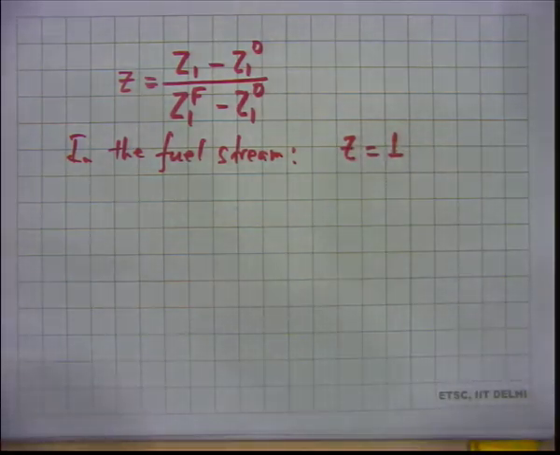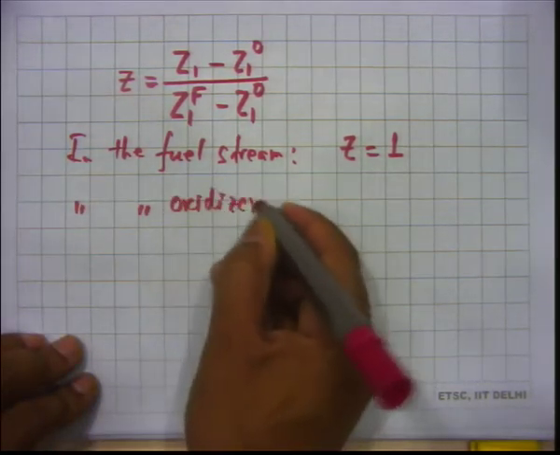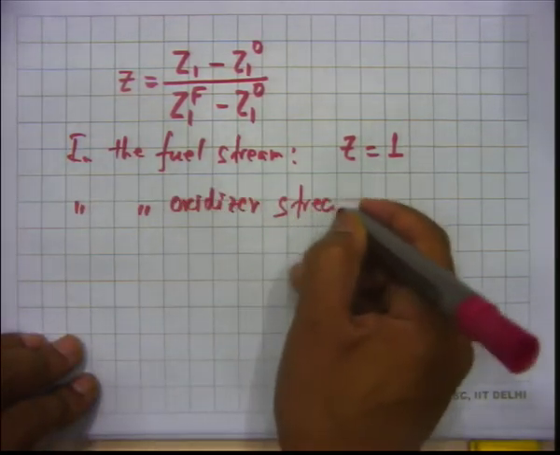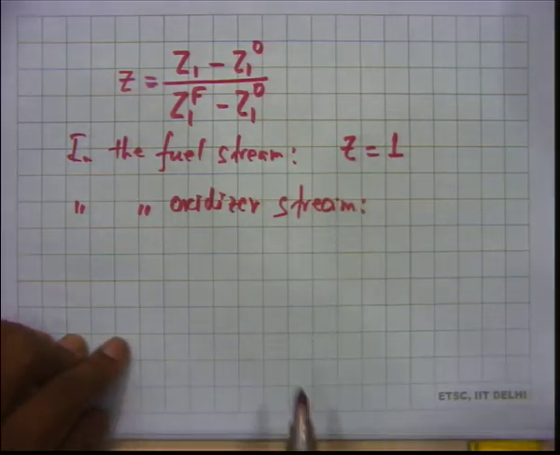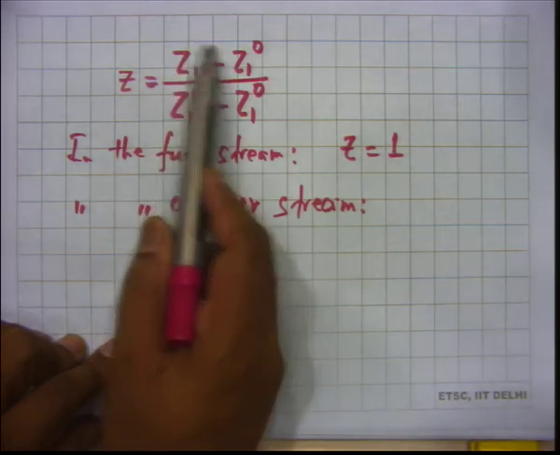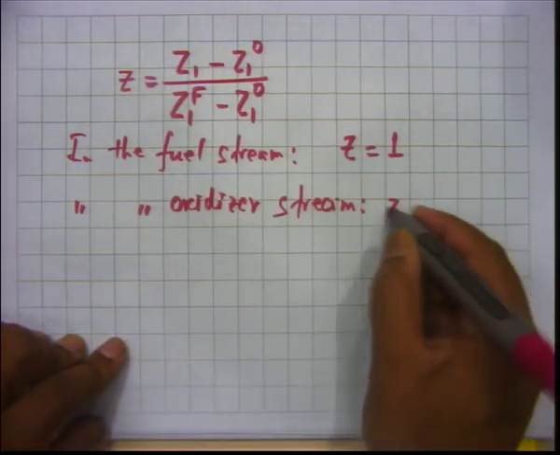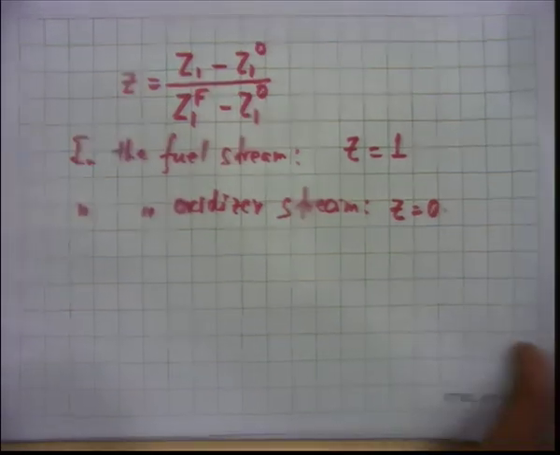We have done this some time back, just repeating it. And in the oxidizer stream, this Z will become Z O, so small z will become equal to 0, right. So this is kind of a revision of what we were doing.